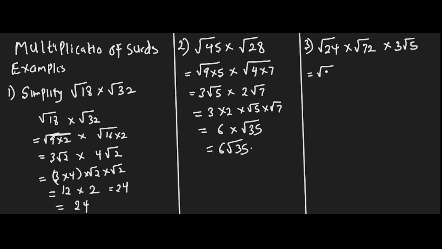This is going to give us root 4 times 6 times root 36 times 2 times 3 root 5. If you agree with me, this is 2 root 6 times 6 root 2 times 3 root 5.